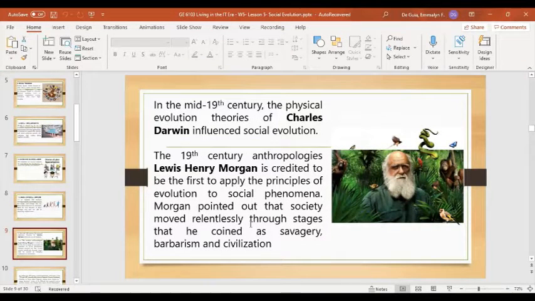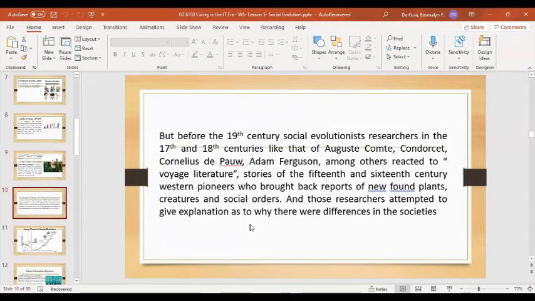The study of Morgan was influenced by the theory of Charles Darwin, the evolution of man, and he applied that to social evolution. He also analyzed the differences of society, for instance, the absence of culture before, where there was extreme cruelty, until now we have a literate civilization, meaning we are now literate when it comes to different aspects. Those are the differences of society as we move forward.